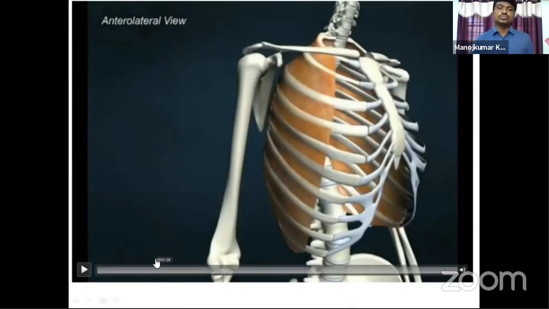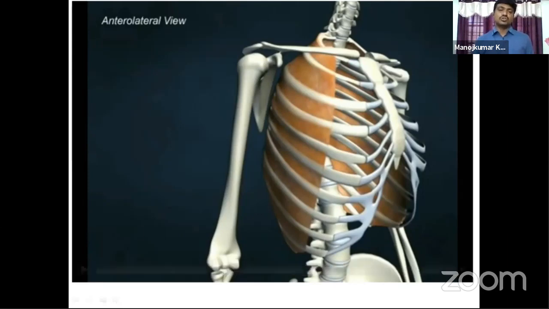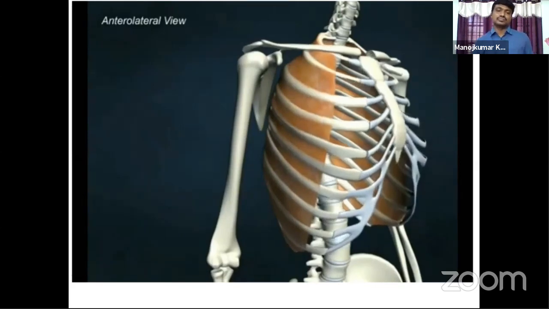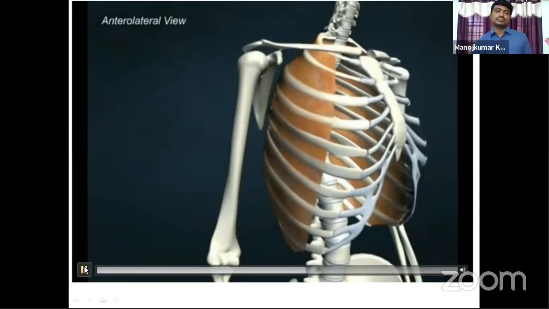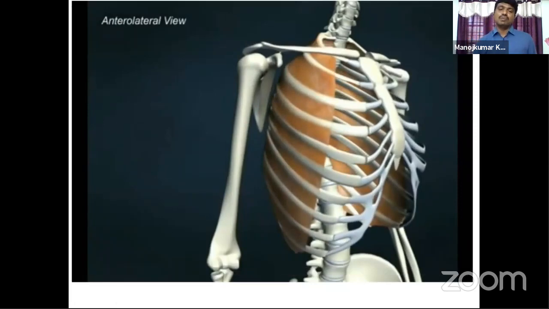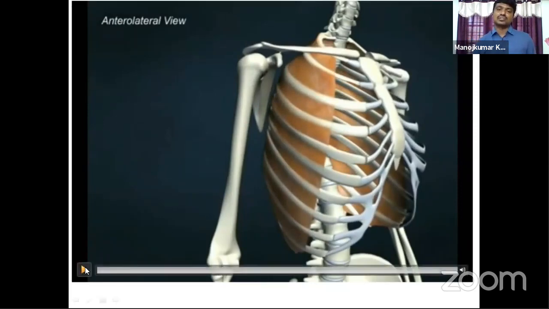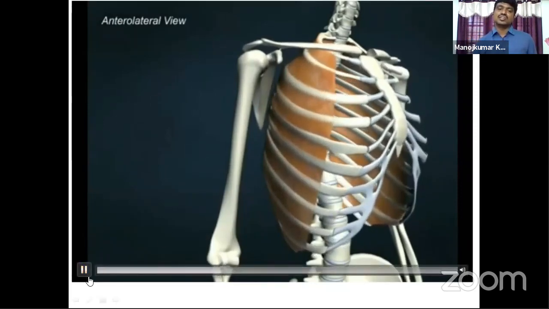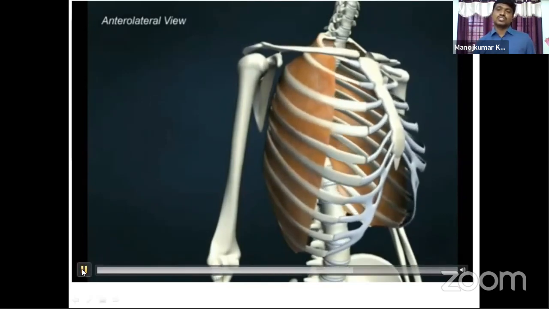Now I want to show you the action of intercostal muscles, students. See this small animated video, which shows how these intercostal muscles help the chest cavity to expand. See how the intercostal muscles are helping the lungs to expand, how the chest is expanding and coming to its original position.